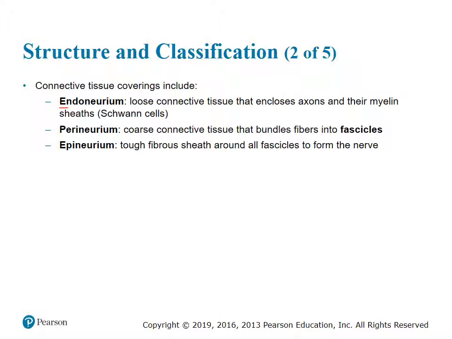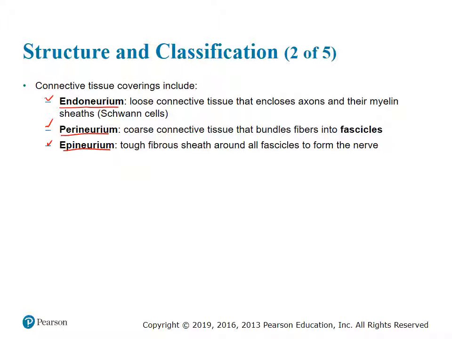Here are the connective tissues that cover a nerve, right? So they go from inferior to then superficial in that order, right? And again, this is talking about the connective tissues.